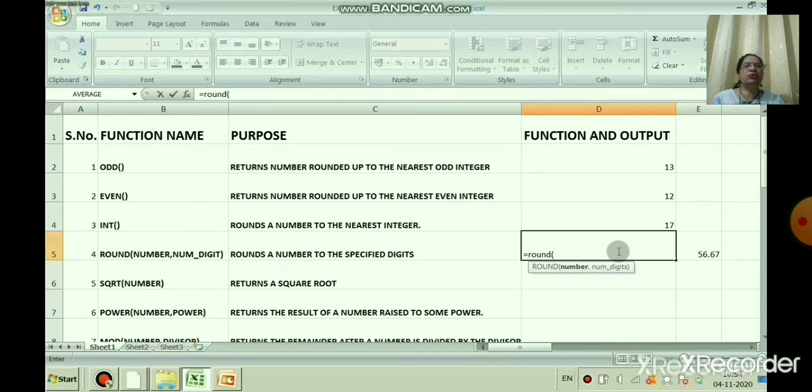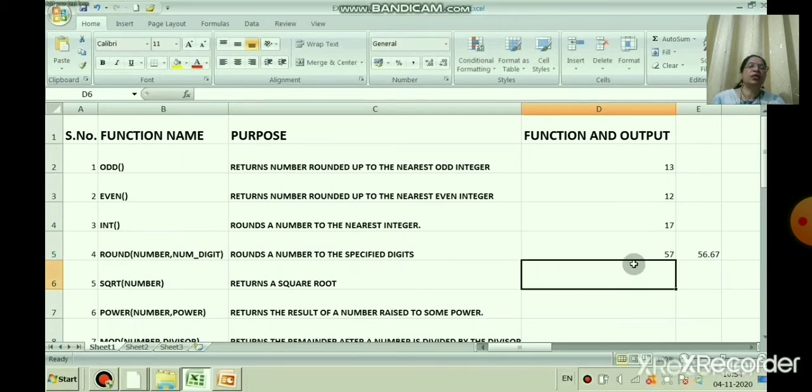That is equal to ROUND and bracket. Can you see the two parentheses there? Number comma num_digits. The number I have written in E5. So, I have taken the E5 cell, or you can directly write the number, and digits I need only a whole number. I do not want a decimal point. So, I will give the digit as 0. So, can you see here it is 57.